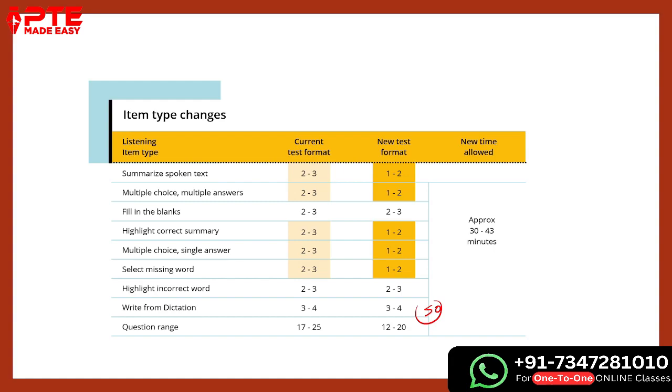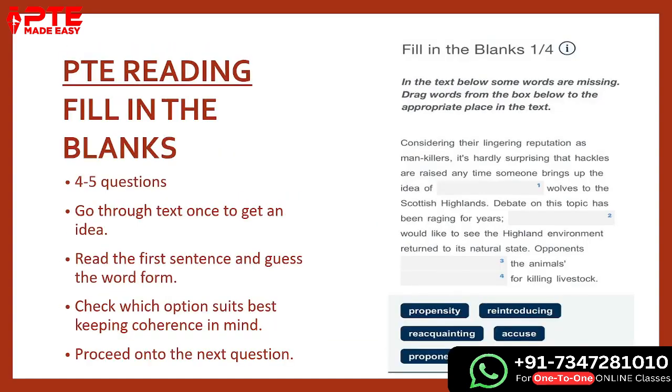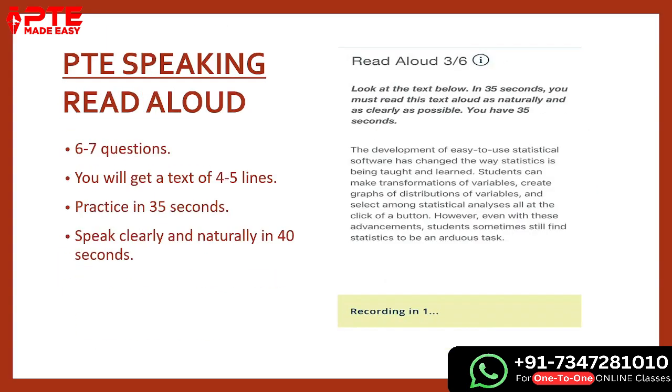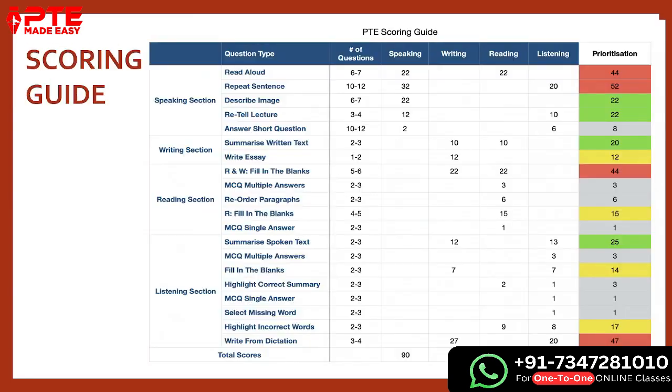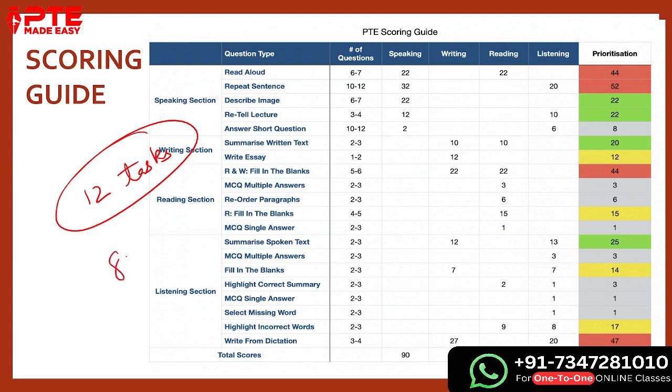Okay. So we simply have to focus on 12 tasks. As I have previously mentioned, we simply have to focus on these 12 tasks in order to get 80 plus. Now, as far as the remaining 8 tasks are concerned, I'm not asking you to skip those 8 tasks.